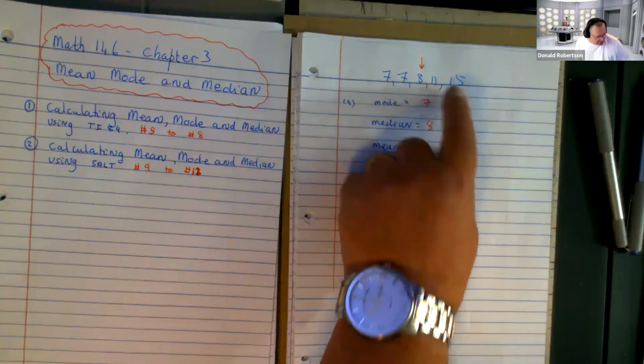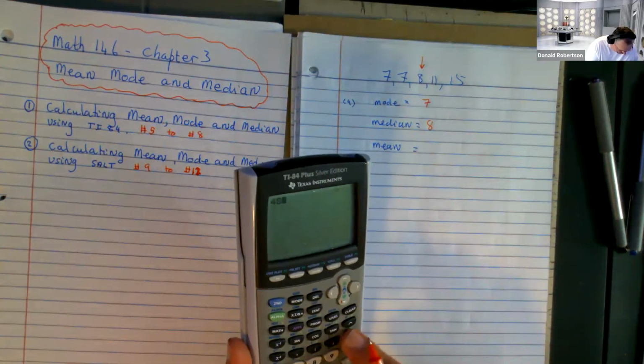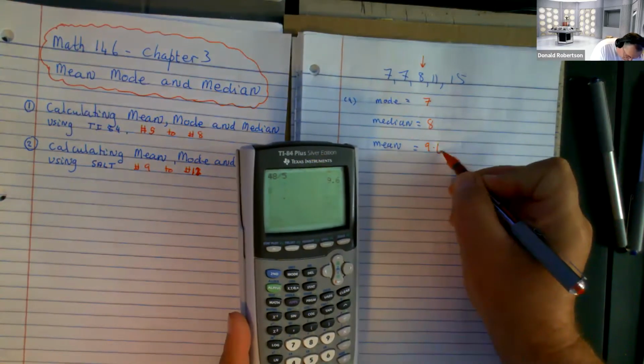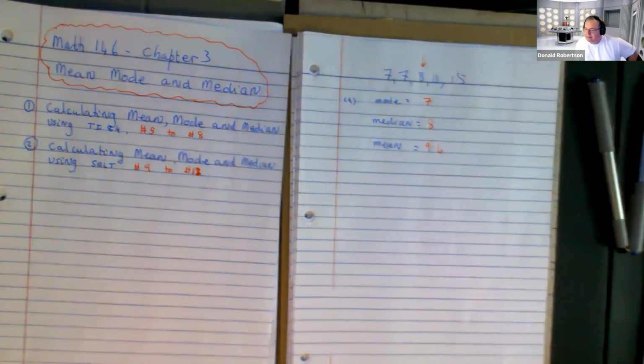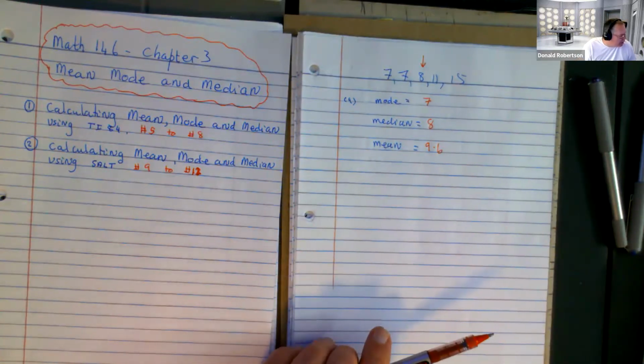That's 48. And I'll do 48 divided by 5 numbers. And I got the answer 9.6, which again, it wasn't that bad, right? I didn't need to do that data stuff, the one we showed you yesterday where you typed in the data and you did all sorts of things. When it's a small list of numbers, it's not worth that.